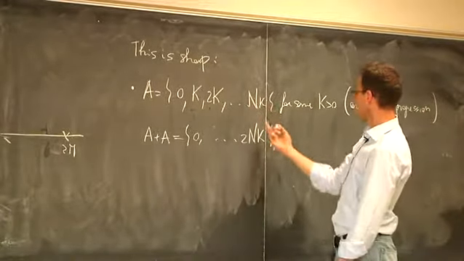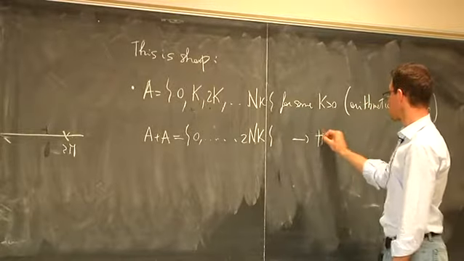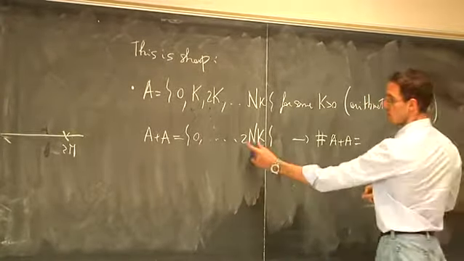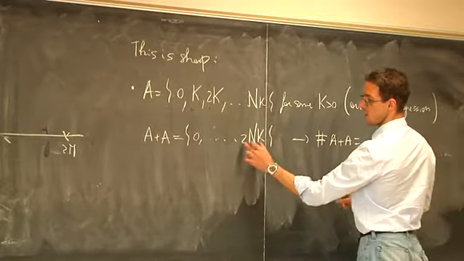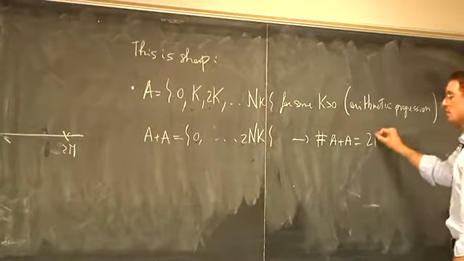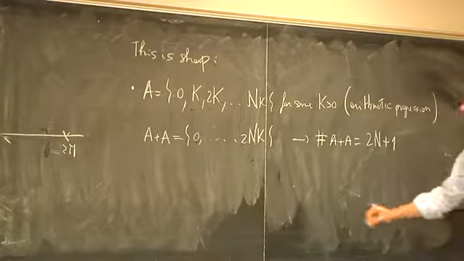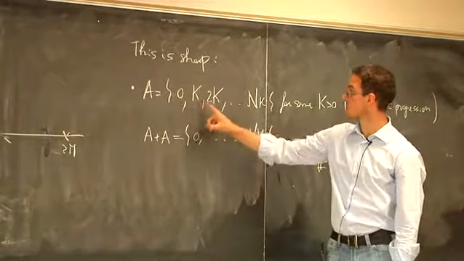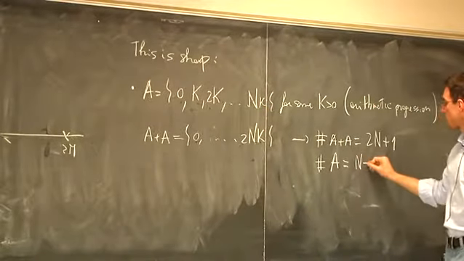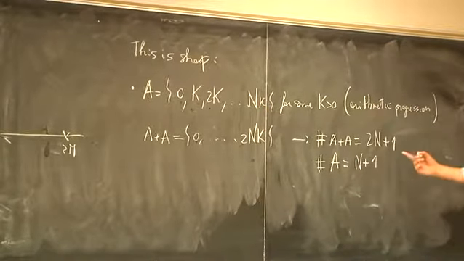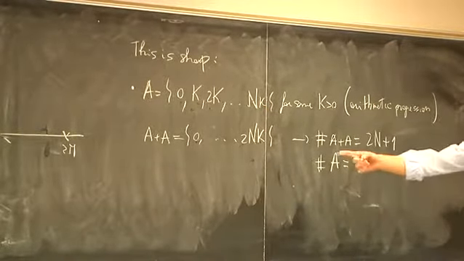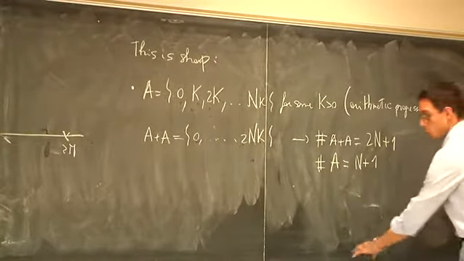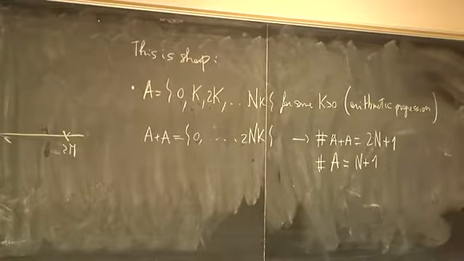And so in this case, you see immediately that the cardinality of A plus A is 2N plus 1, and the cardinality of A, since you start from 0, is N plus 1 elements. And so the cardinality of A plus A is equal to twice the cardinality of A minus 1. So you cannot prove anything better than that.